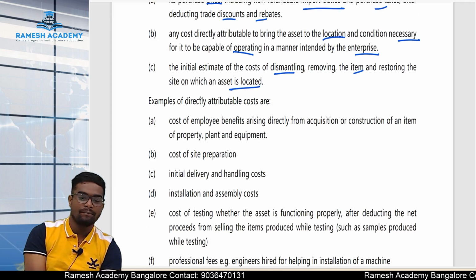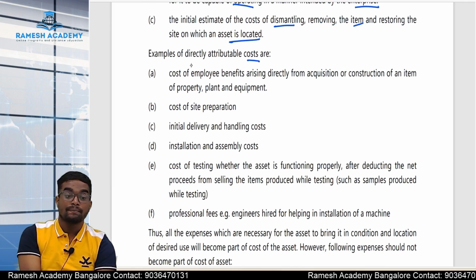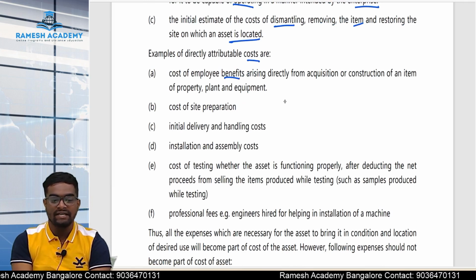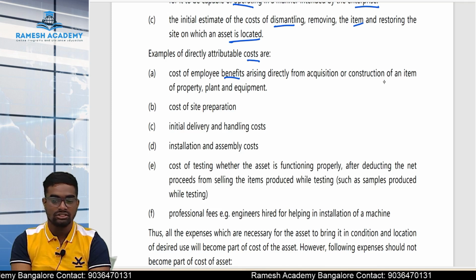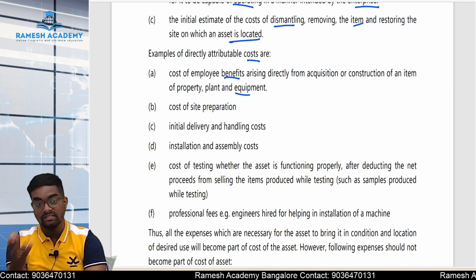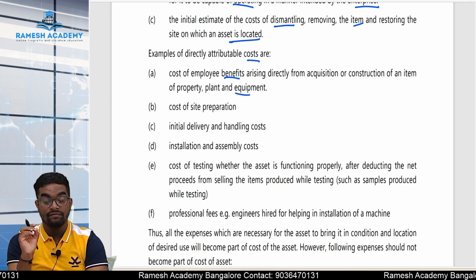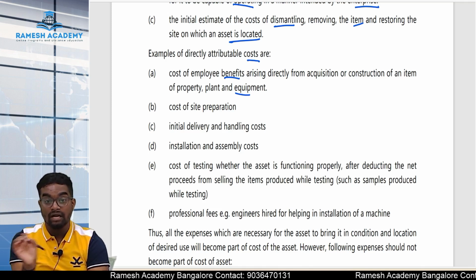Next, examples of directly attributable cost. Which are those? Cost of employee benefits arising from acquisition or construction of an item of PPE. Which means salaries, wages, whatever amount you pay, we have to add it, if it is used for acquisition or construction.